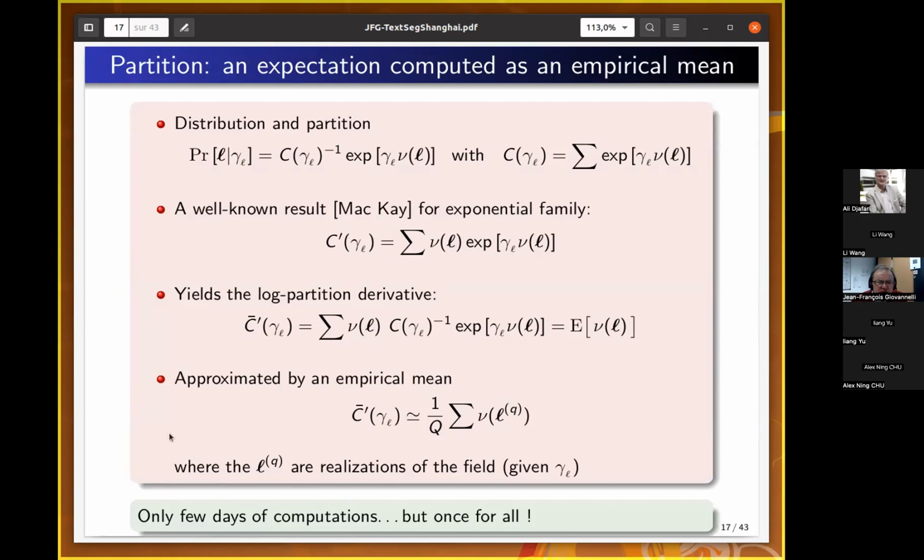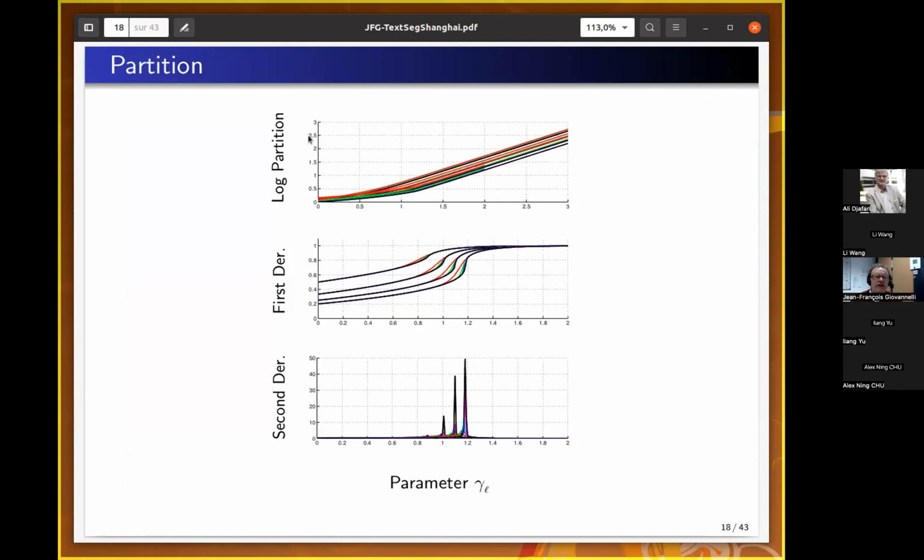We could approximate this probability density function as an expectation. And we have pre-computed this normalization constant. The log normalization constant is a function of the value of the Potts parameter for various sizes of image and various numbers of classes.